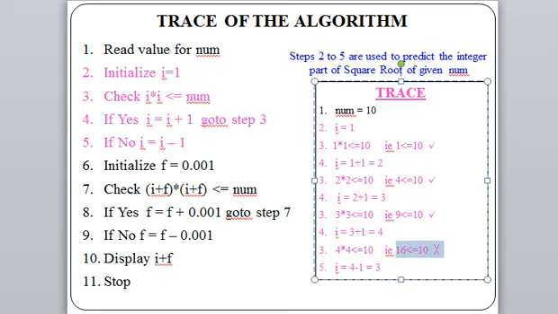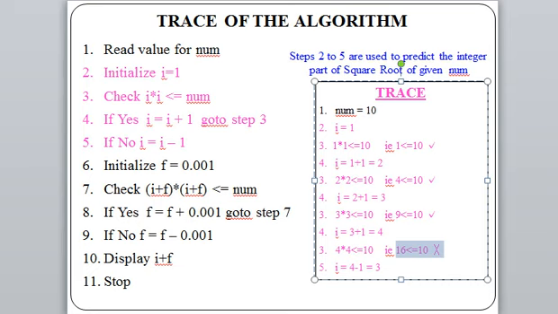When the condition is false, we have to stop repeating this verification and increasing the value by 1, and our prediction is over. The value of I, that is the integer part, is the present integer value minus 1, because the present integer value is 4, and 4 into 4 is not less than 10. That's why we have to neglect it. The previous one which is less than 10 is 3 into 3, that is 9.